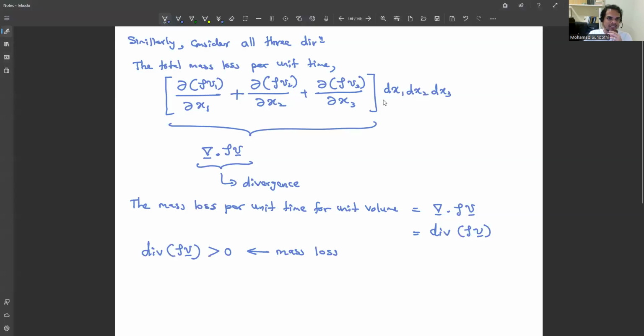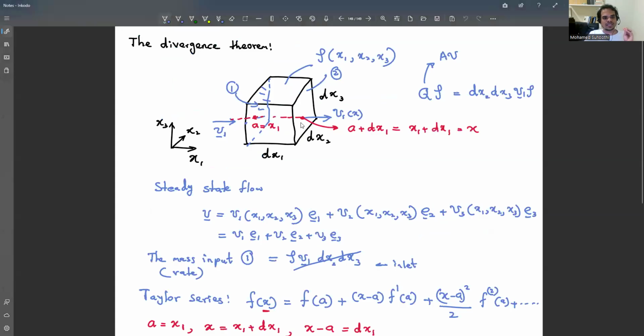You can see here, mass loss means that something is coming in and then going out, and some of the mass is inside here. Therefore the volume of the element is increased, right? So that means spread out.